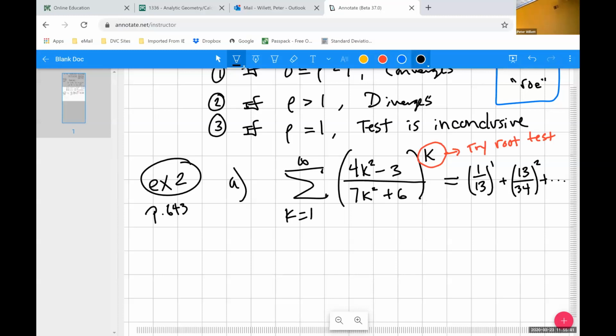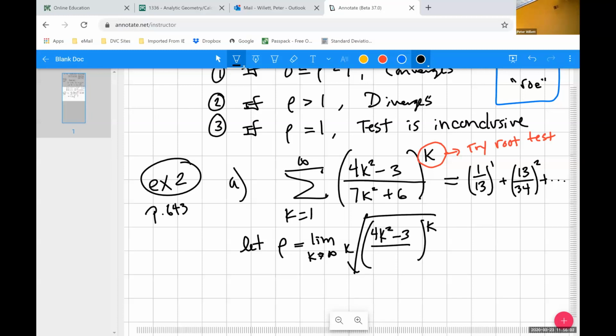So then we say let rho equal the limit as k tends to infinity of the kth root of a sub k. But in this case, a sub k is just that stuff right there: 4k squared minus 3 divided by 7k squared plus 6.